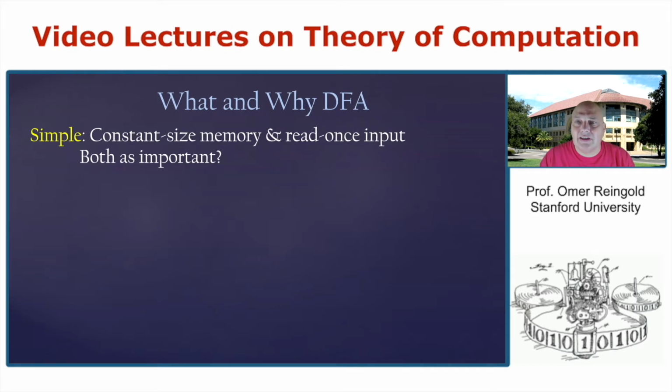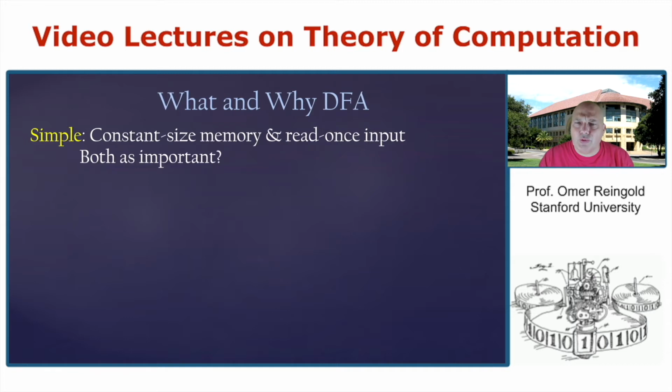This is an example of the kind of things we'll be able to argue about later. We can ask, are these two aspects equally important? Does a DFA change when you change one and not the other? Well, definitely if you add memory, then you get something stronger, which we will show in the class. So constant size memory is important to being a DFA.